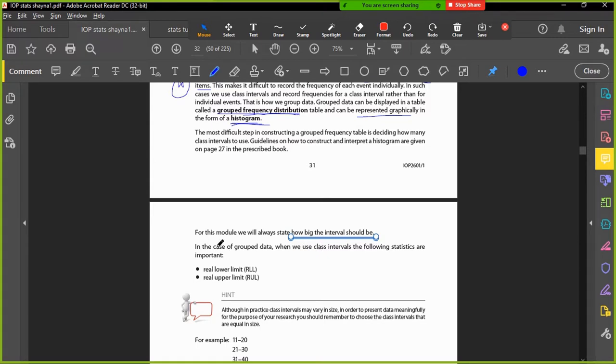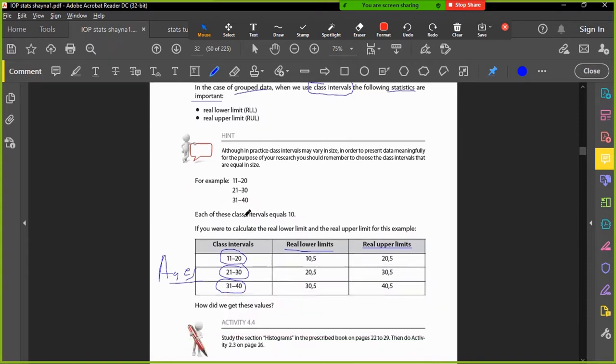In the case of grouped data, when we use class intervals, the following statistics are important: the real lower limits and the real upper limits. There's a hint here. Although in practice class intervals may vary in size, in order to represent data meaningfully for the purpose of your research, you should remember to choose class intervals of equal size.